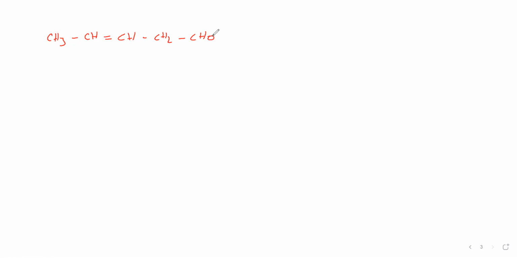Here aldehyde is the main functional group that we know. The C=C double bond's priority is less. Now this parent chain contains 5 carbon atoms, therefore pent. Primary suffix is en, secondary suffix is al, because for aldehyde, the secondary suffix is al.